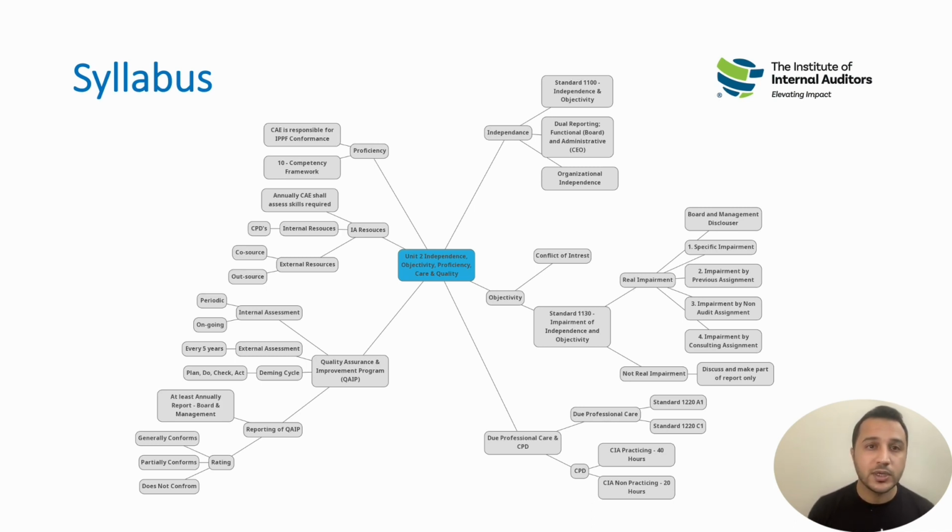This is one area which we will be covering, and proficiency. What is proficiency? So these are the key topics which we will be covering. This mind map helps you when you have gone through the entire syllabus and referred to your notes. Then you can just have a glimpse of this picture. You can take a screenshot to recall what basically comprises Unit 2.